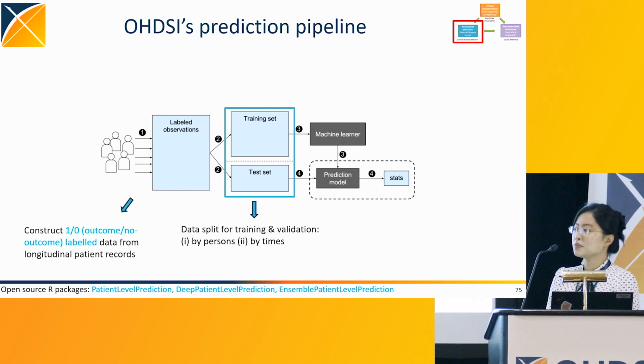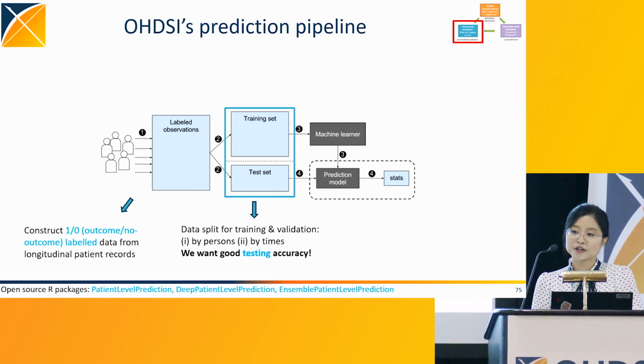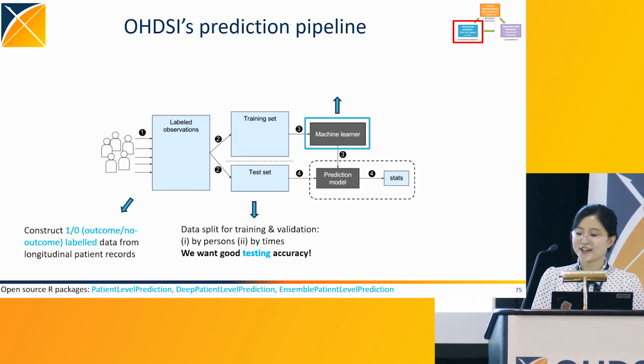We do this because ultimately we want to apply the prediction model on patients it has not seen before, so we need to evaluate model performance on data that it is not trained on. We need to know if the pony knows new tricks by learning some old tricks that are somewhat similar. So it's important to get very good performance on testing data that is left out of the training process.